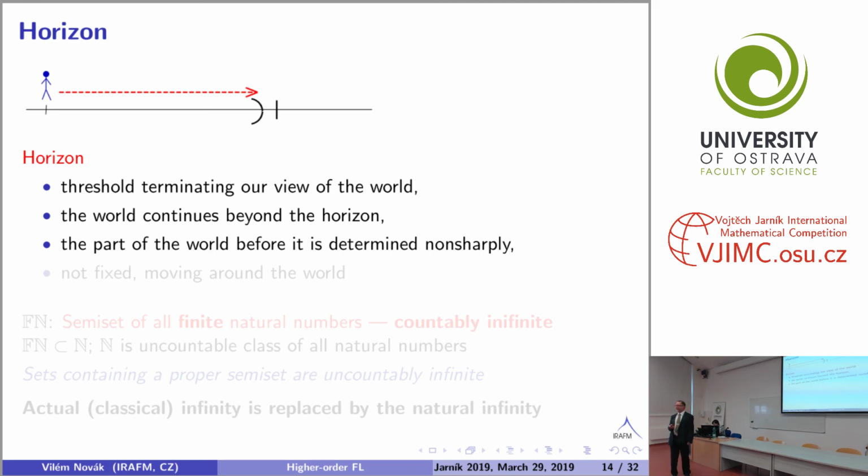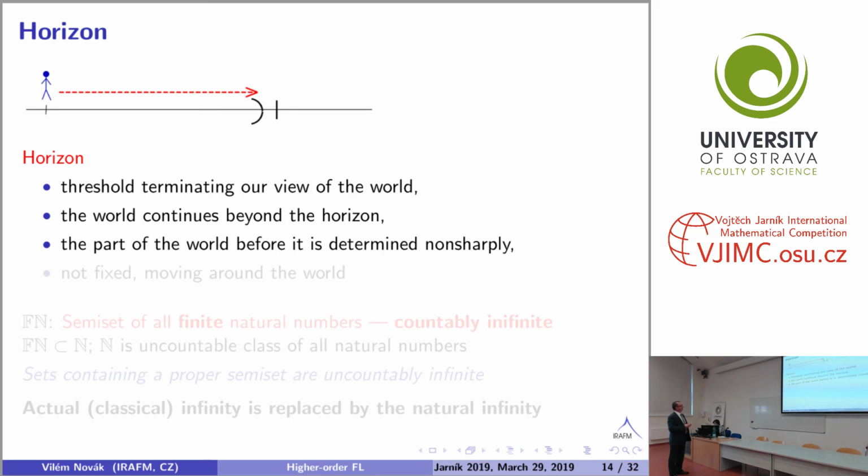This idea of semisets and finite numbers is related to the notion of horizon. So a horizon is a threshold which terminates our view of the world. So we are standing here, we are observers, and here is a horizon.